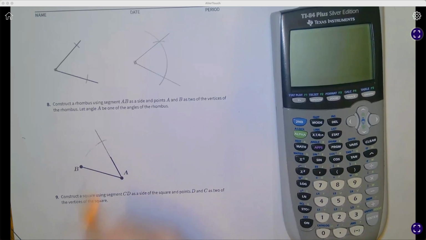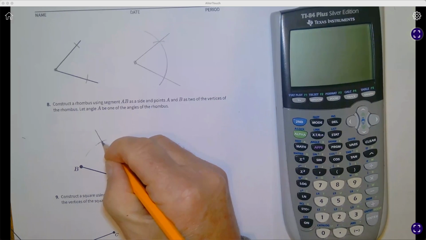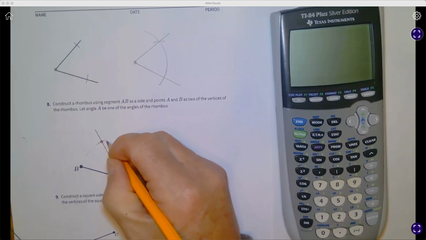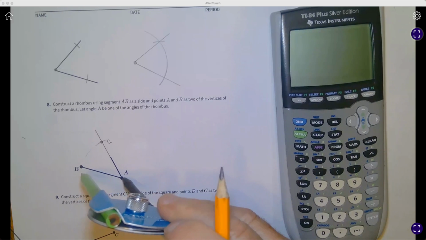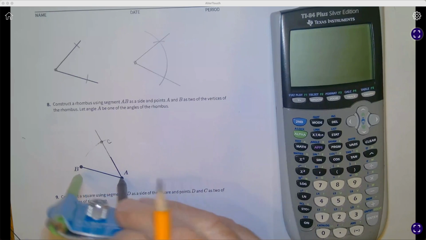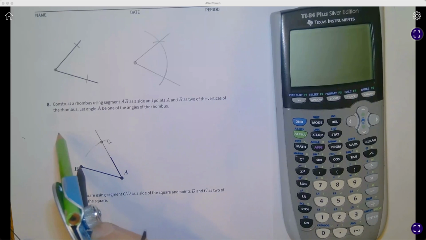Now that represents the other vertex of the rhombus. Can I call that C? I'm going to call that C. Okay, so now this is still the same distance, right? It's still that side length. What do I know?